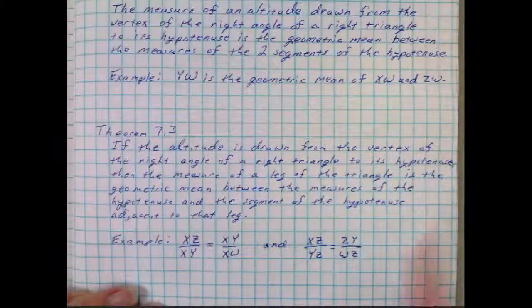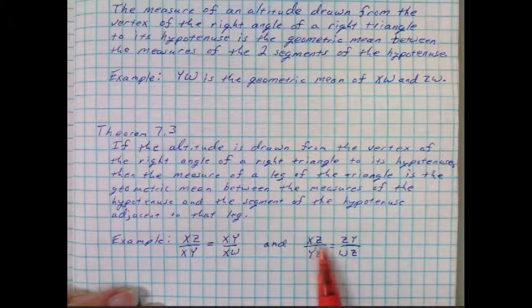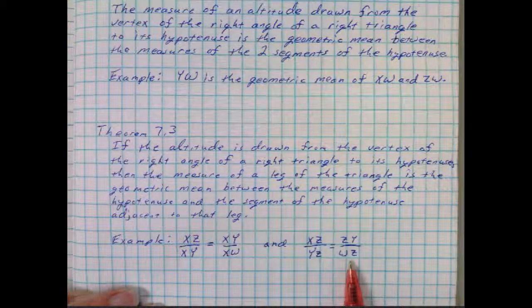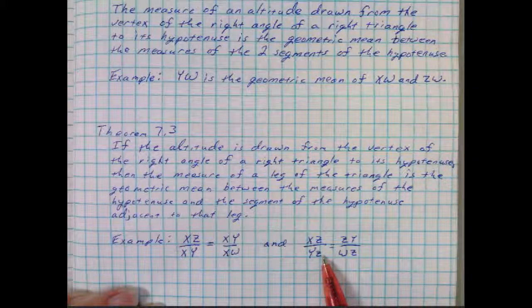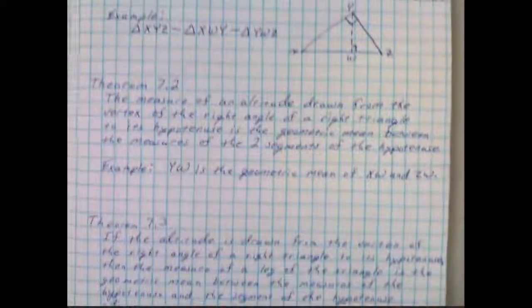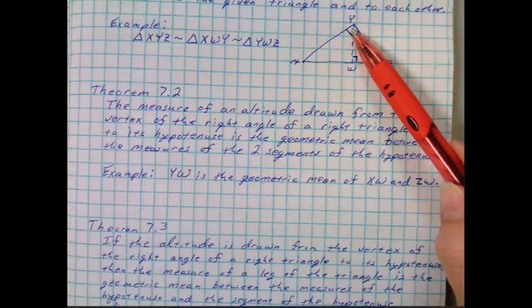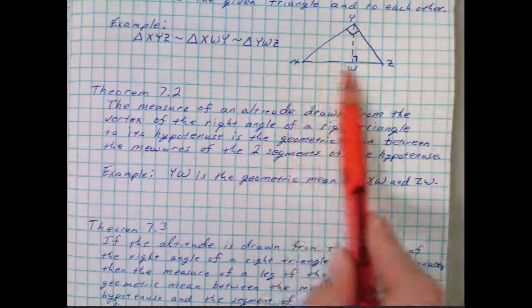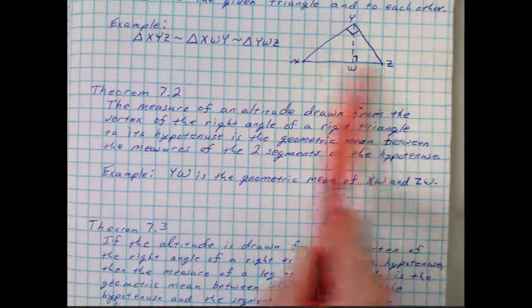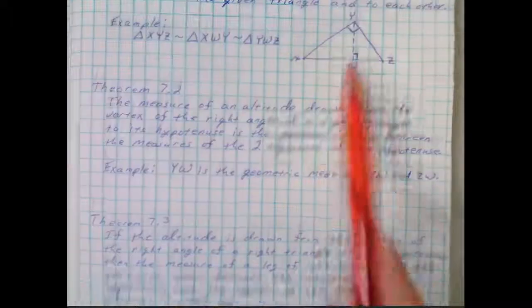So we're going to come down here, and if you look, I have XZ and WZ are my 2 pieces, and the geometric mean is the ZY, or YZ. We could also do the other one. So if we did this leg here, which is XY, then our 2 pieces would be, again, the XZ, but this time we would use XW.